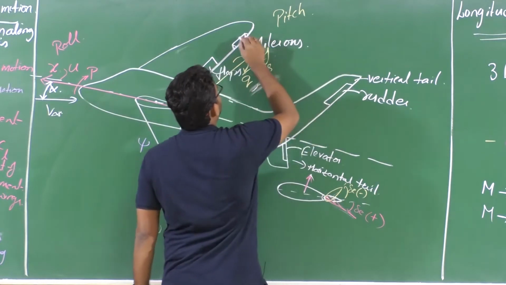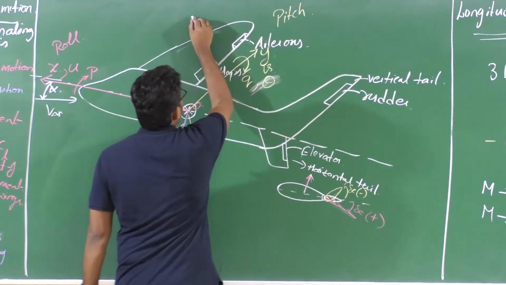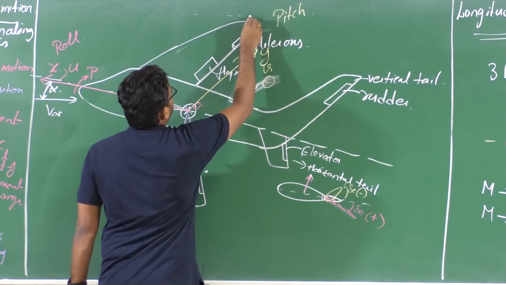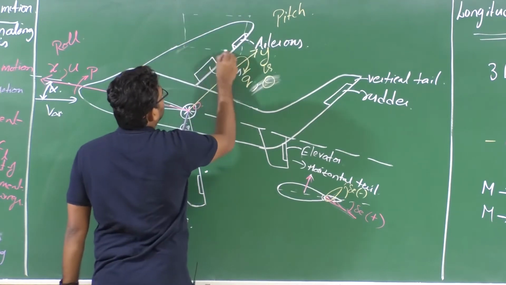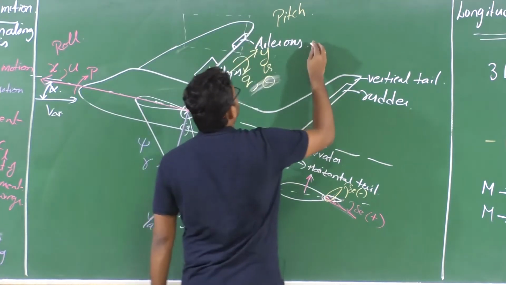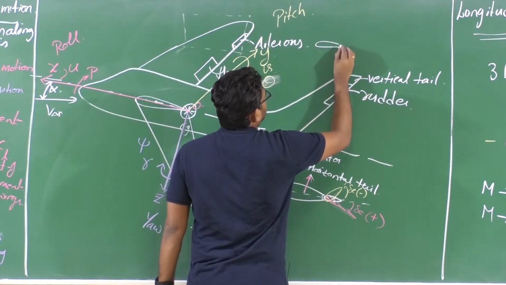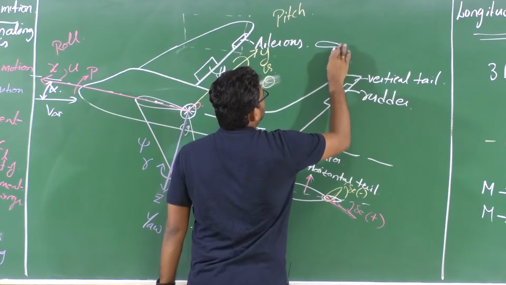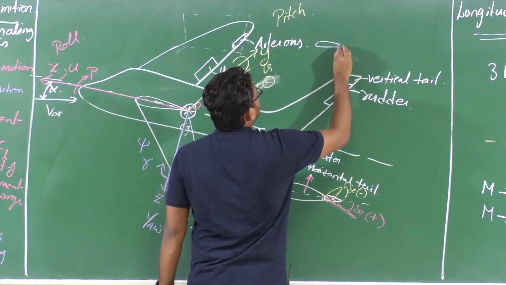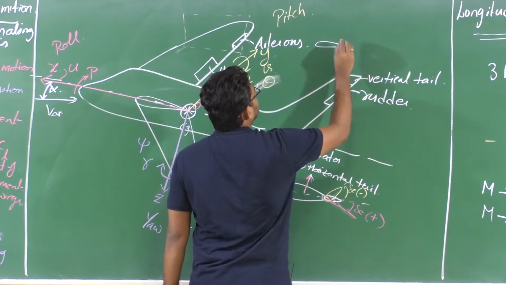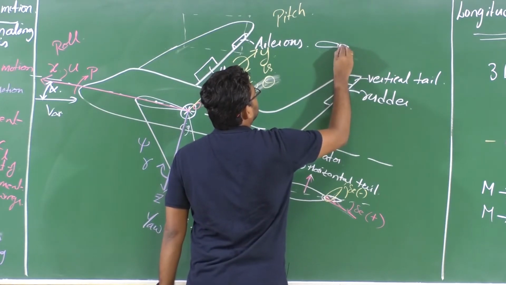So here, if I take a cross section there, say this is my wing section, and this is the corresponding control surface attached to this wing section, right?